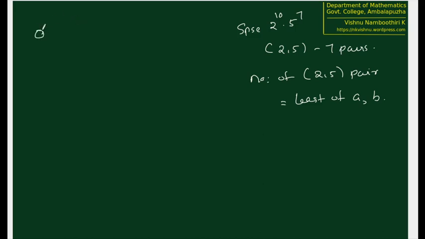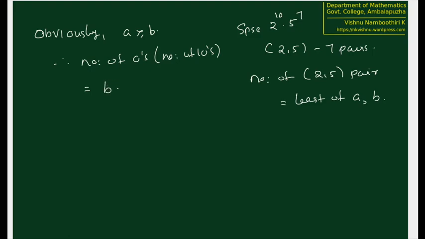So obviously a is going to be greater than or equal to b. So the number of zeros, or the number of tens, is equal to the number of pairs we can make, which is at most b. That is the largest power of 5 appearing in this.